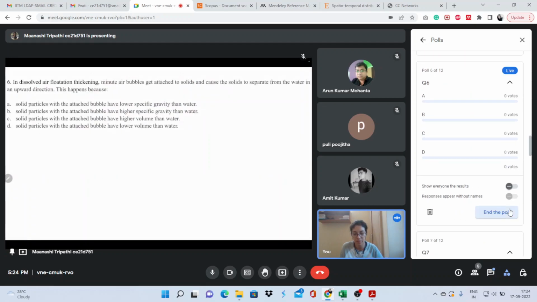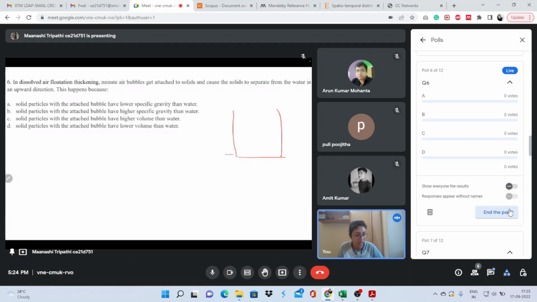This is question number 6 and I have already launched the poll for question number 6. In dissolved air flotation thickening, in short DAF thickening, minute air bubbles get attached to solid and cause the solid to separate from water in the upward direction. This happens because, this is the container in which DAF is happening.